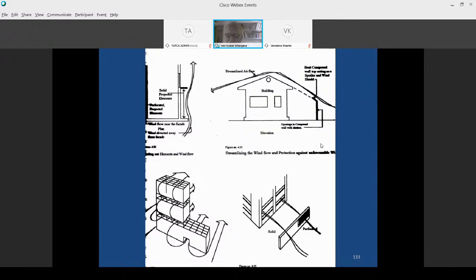And we must go for such a solution. Secondly, in the case of buildings also, for example, a high-rise building, a large wind shadow is formed. Then the solution is to provide punches, as the bottom diagram on the left-hand side shows, to reduce the impact of wind shadow towards the leeward direction. So these are the solutions.